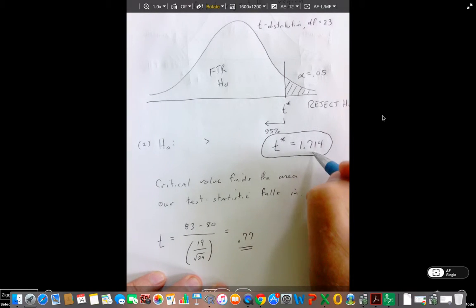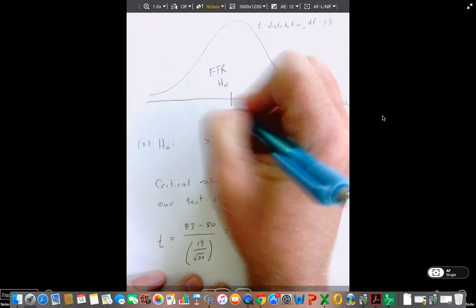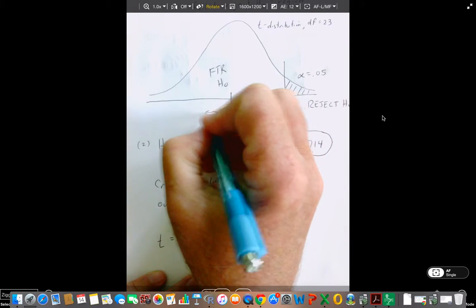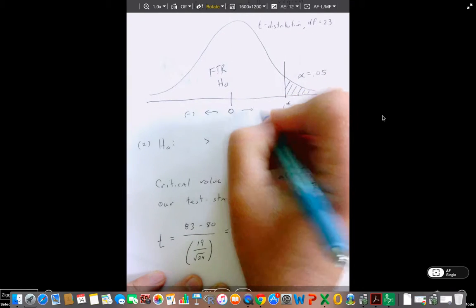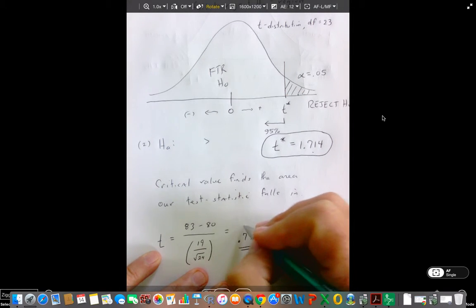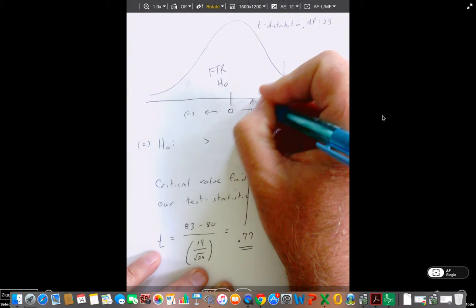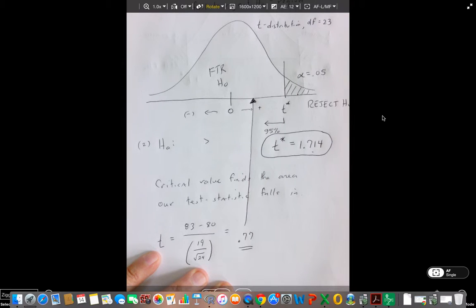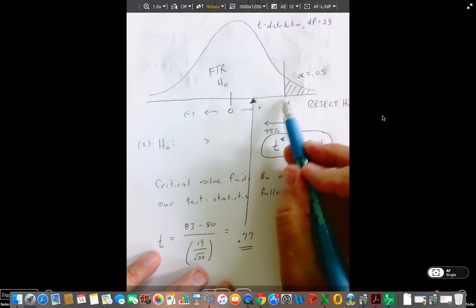0.77. Now this 1.714 is the line in the sand. And guys, remember, in the center of the distribution is mean 0. These numbers over here are negative. These numbers over here are positive. 0.77 falls about right there. This is 1.71.